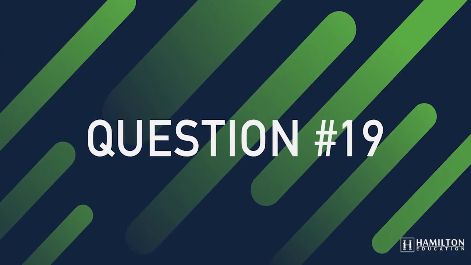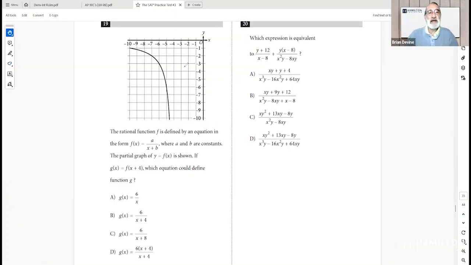For question 19, we're given a graph, and the question says the rational function f is defined by an equation in the form f of x equals a over x plus b, where a and b are constants. And the partial graph of f of x is shown.